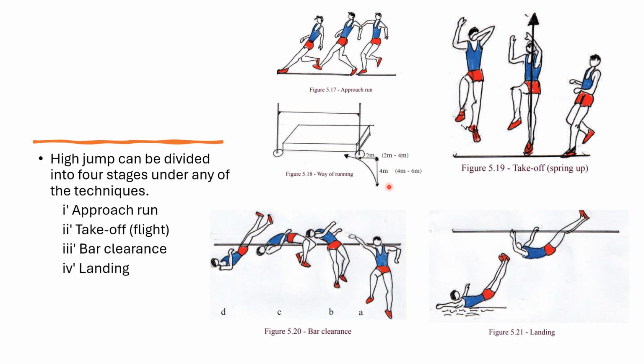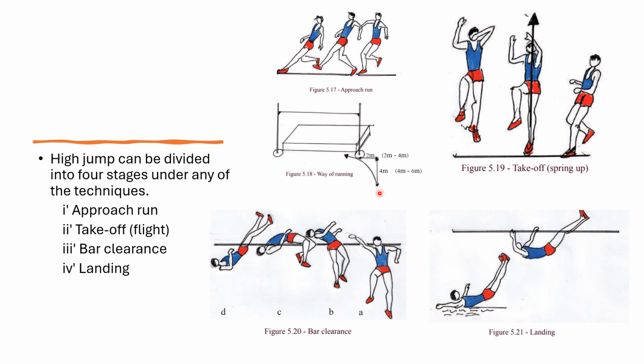So you can see the curved path that the jumper takes when it comes to approach run, and the perpendicular distances are also shown here. It's usually 4 to 6 meters on this side and about 2 to 4 meters of perpendicular distance on this side. So this is the curved path.